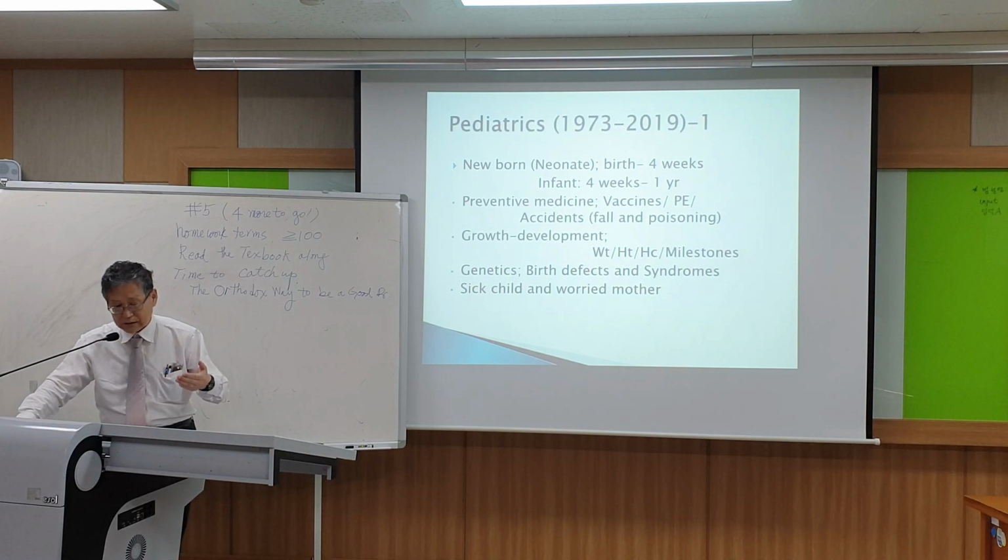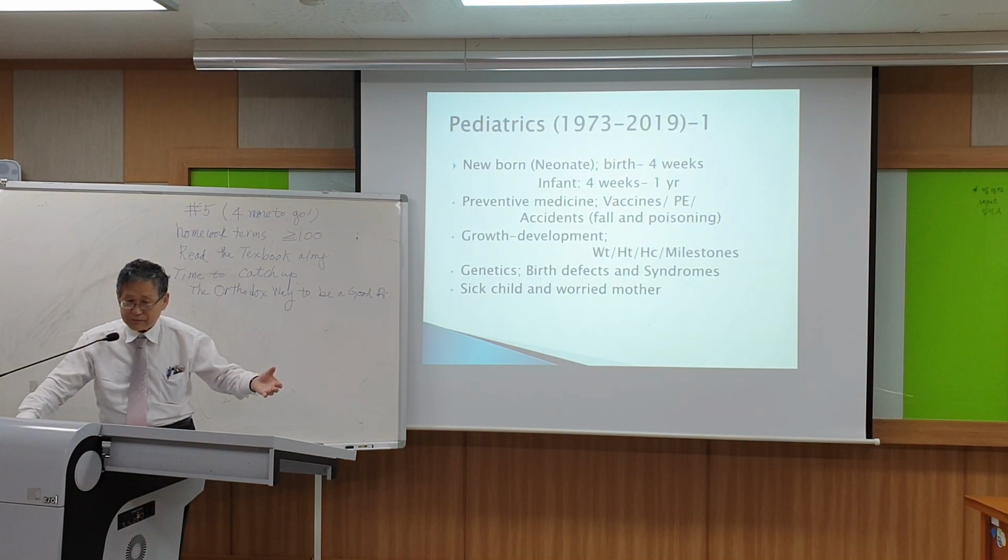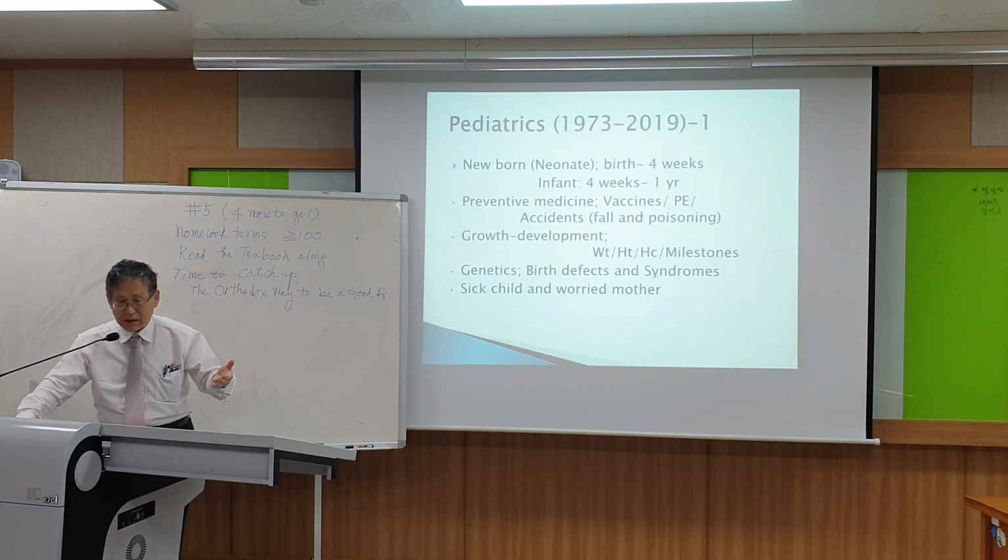in growing and development. So weight and height and HC, which means head circumference, and when they start walking, sitting up. They sit up at the age of 6 months and have the first tooth at that time. And sitting, that's important.